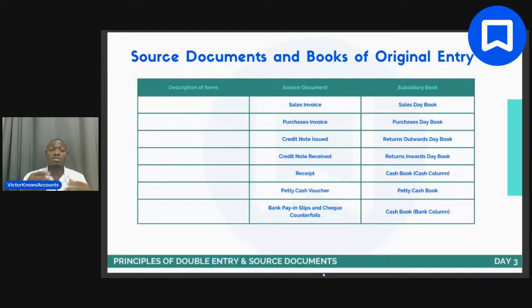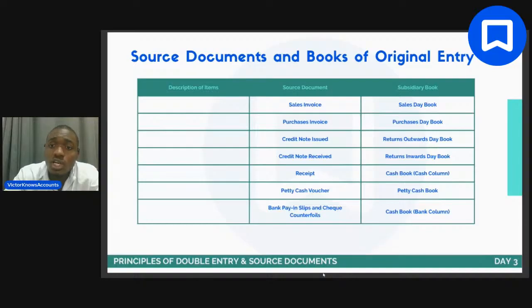It is credit sales that are recorded in the sales day book. The next one is purchases day book. Any entry that goes into the purchases day book comes from the purchases invoice, and the description of the transaction is credit purchases.